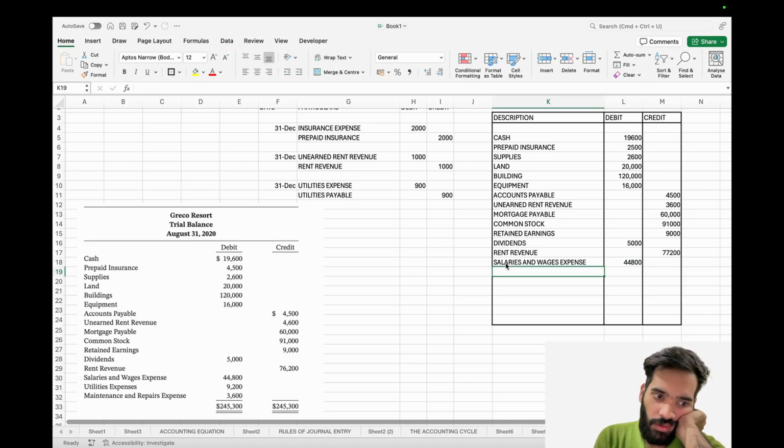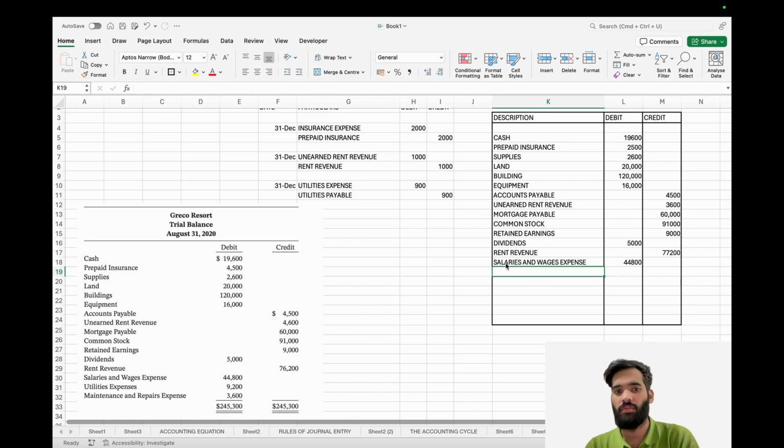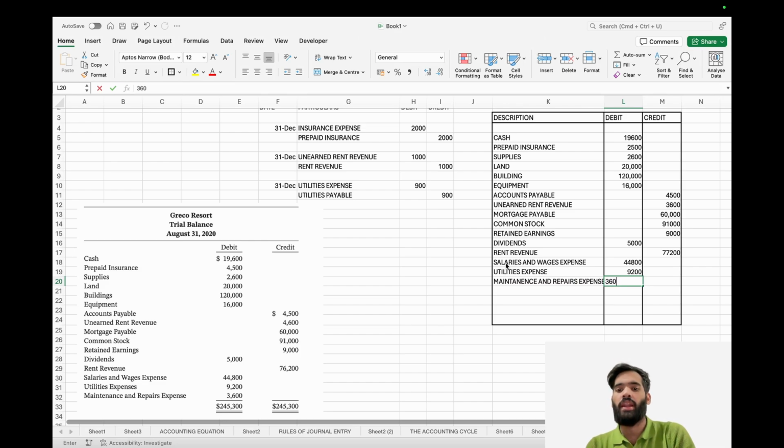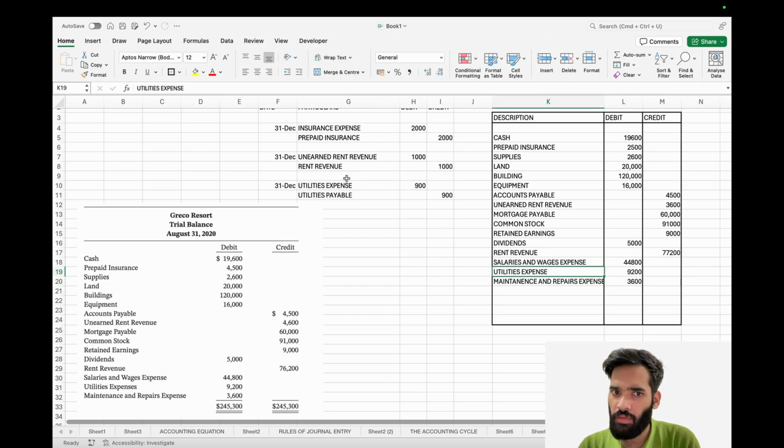And then we have utilities expense. So utilities expense, which amounts to 9,200. And then we have maintenance and repairs expense. Repairs expense, which is 3,600. Now I hope you realize that for utilities expense, we do have an effect here.